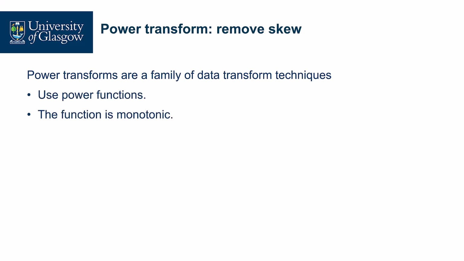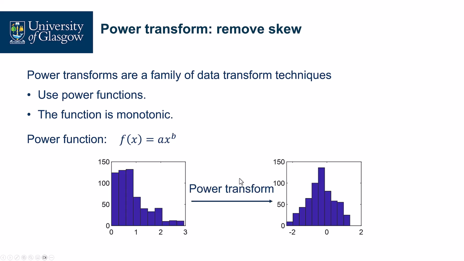And these functions are monotonic. It's like f(x) equals a x to the power p. This is a power function. By the power transform, we can see this one has a high skewness, right? After the power transform, we can see it's more Gaussian-like, right?